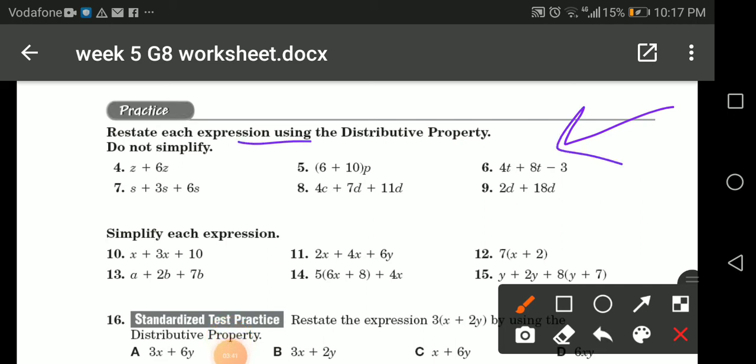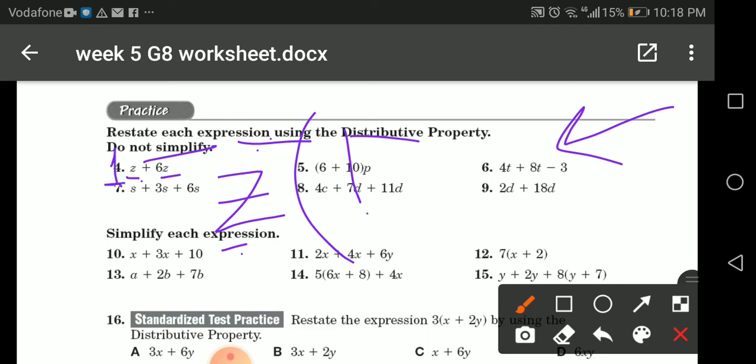Restate each expression using the distributive property. Do not simplify. I have z plus 6z. When I use the distributing, what's the like term here? It's z. So put z outside the bracket. How many z's do we have here?